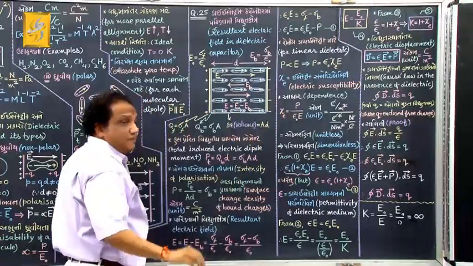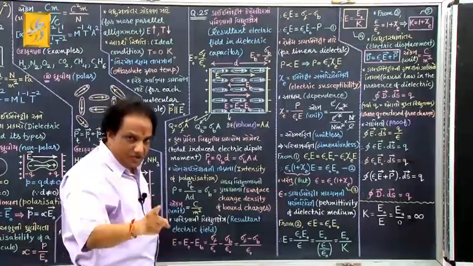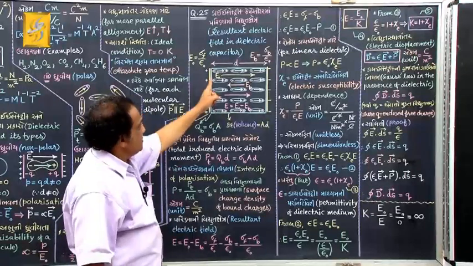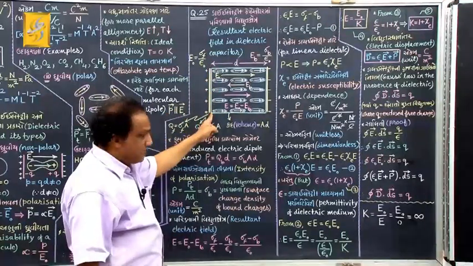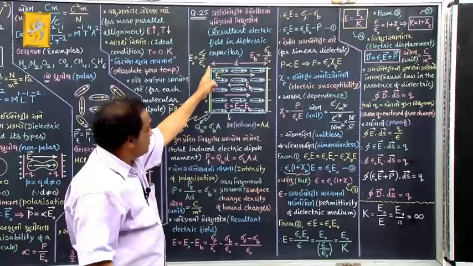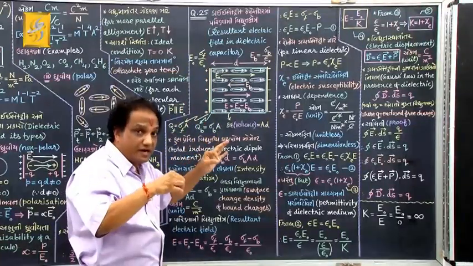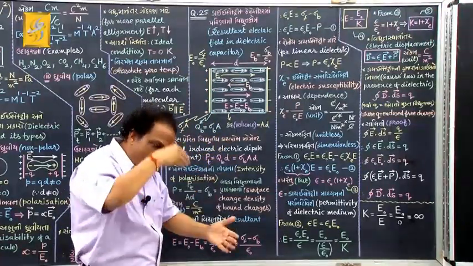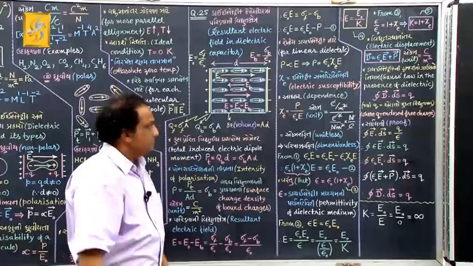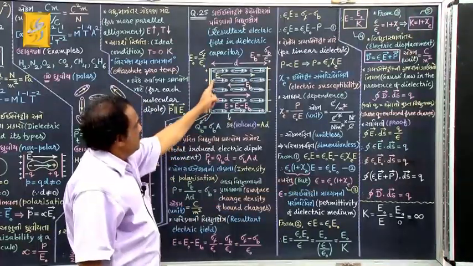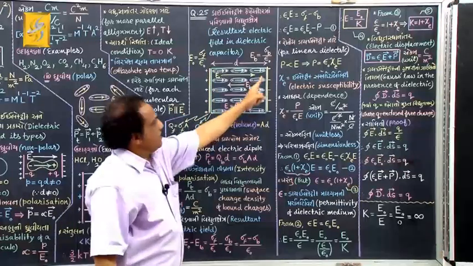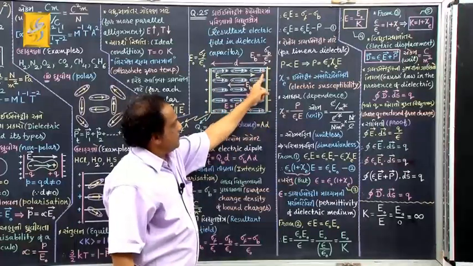I mean to say, the polarities of electric charges on the surface of the dielectric medium and on the surface of the oppositely connected plate of a capacitor are opposite. Here positive charge, then here negative charges. Here negative charge, then here positive charges.